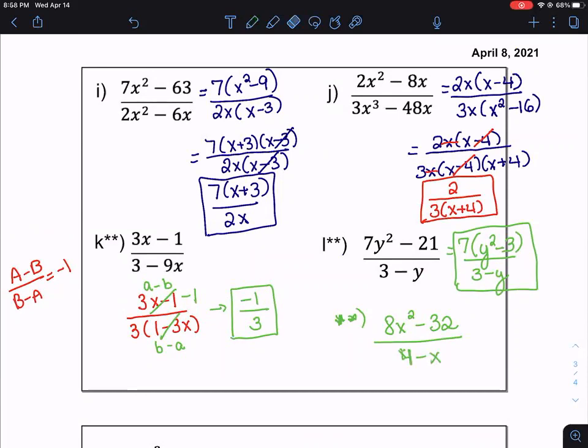No, 2 minus x. Yeah, that should be better. So why don't you guys try that one and then we'll go to our next page.